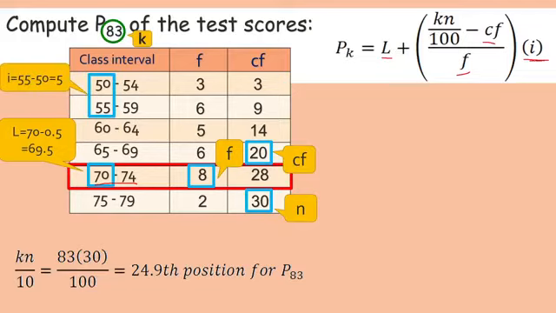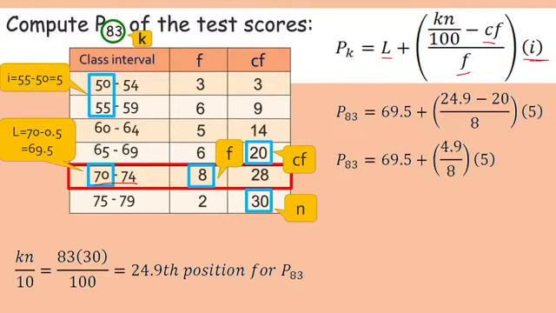So substituting everything into our formula, you're going to have that. Subtract in the numerator, and you'll get 4.9. Then multiply 4.9 by 5 divided by 8, which is 3.0625, or 3.06 will do.